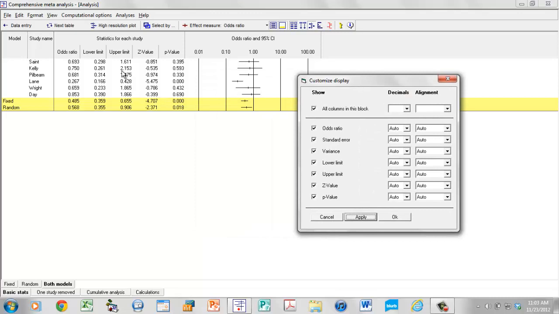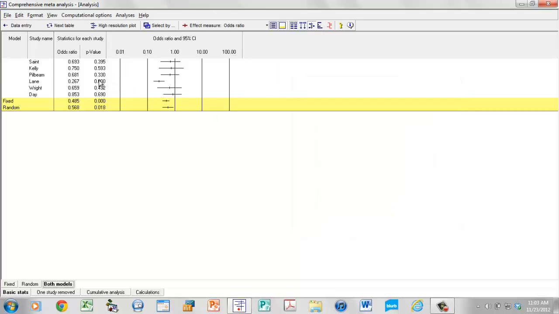And we also have the option, let's say, of maybe we really don't want to have the lower and upper limit and the z-value because that information is really captured in any event by the forest plot. So I'm going to remove the check marks next to these, and we'll show just the odds ratio and the p-value.